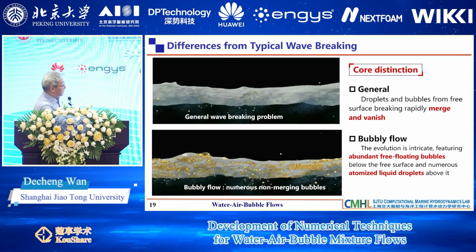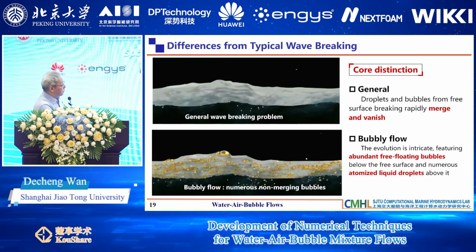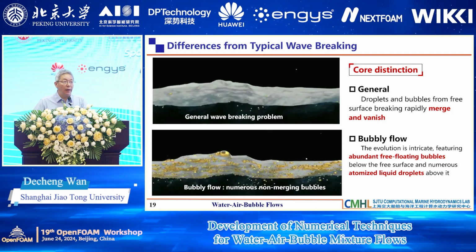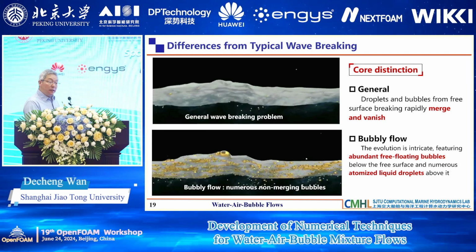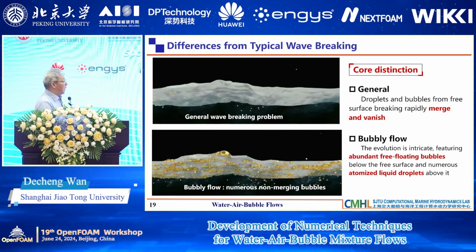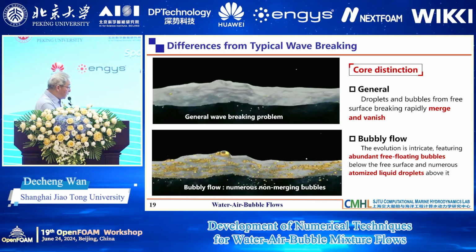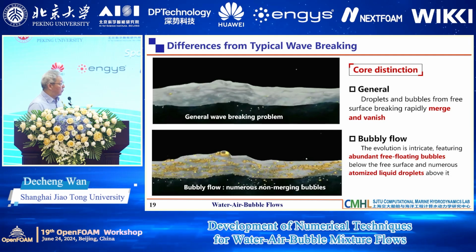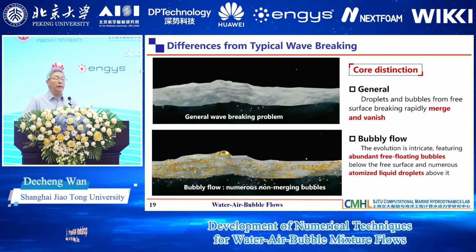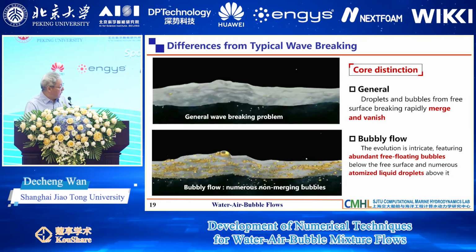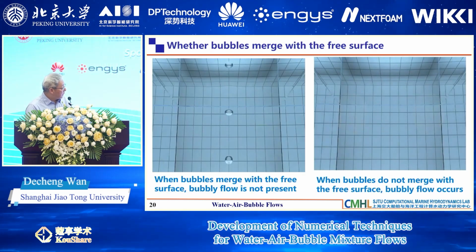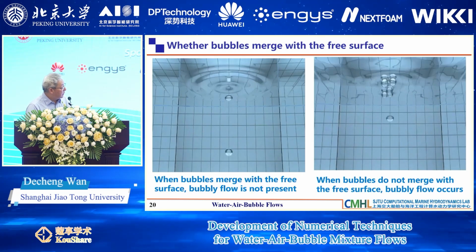See this kind, you can see that this wave is breaking, but there are no bubbles kept in the water flow, right? They will disappear. This is not what we call a mixture flow. And in this one, you can see the bubbles always exist in the water flow. So then it will generate this mixture flow.